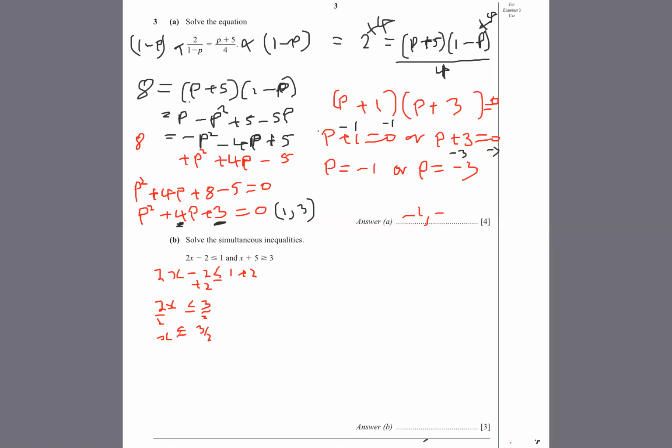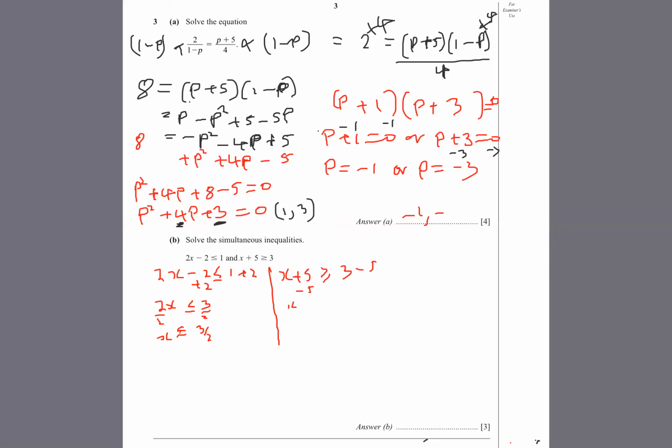Now we solve these inequalities the same way we do when we are solving equations. Now we go to the right hand side. This is x plus 5 is greater or equal to 3. To solve this, we subtract 5, subtract 5.